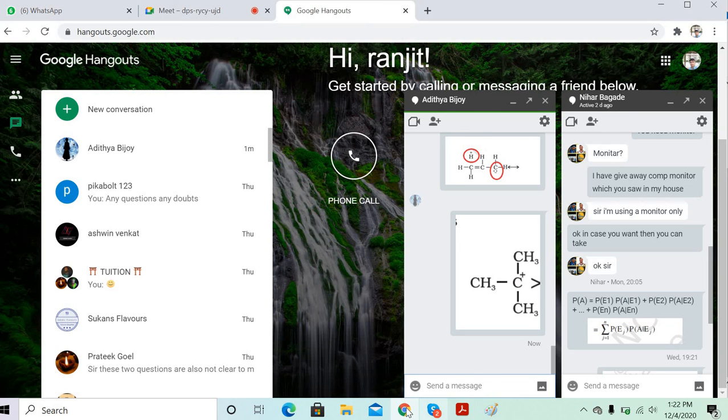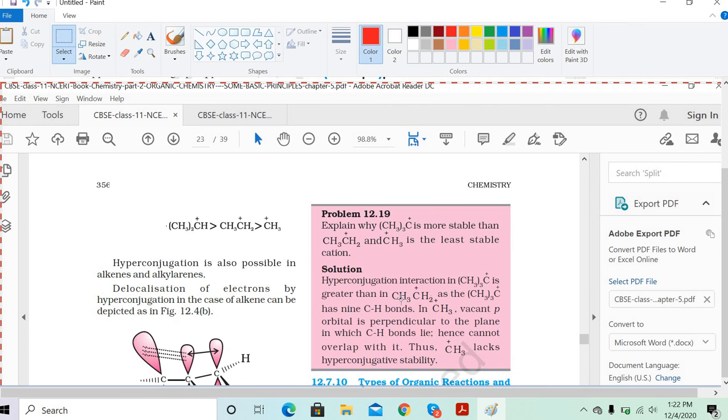This cation is stabilized by the 3 carbon atoms, isn't it? Any of the 3 methyl groups can break one of the C-H bonds and provide the electrons to the carbon atom, so it is more stabilized, right? Any methyl group can give electrons to this carbon atom. Why is it more stable? Because there are 3 methyl groups to support the cation.